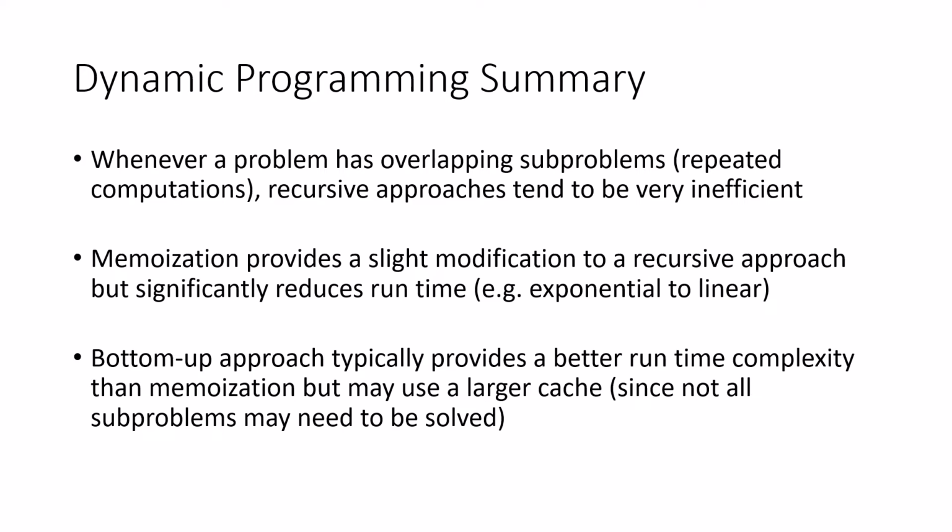Now, memoization is a method in dynamic programming that lets us slightly modify our recursive approach, but it significantly reduces the runtime because we are keeping track of the different elements that we computed before in a table. So no longer will we have to repeatedly solve overlapping subproblems.